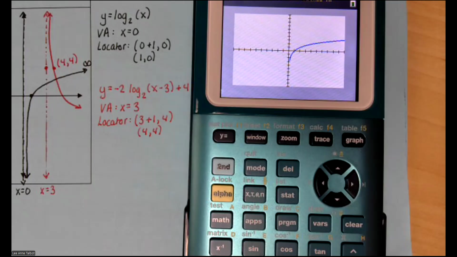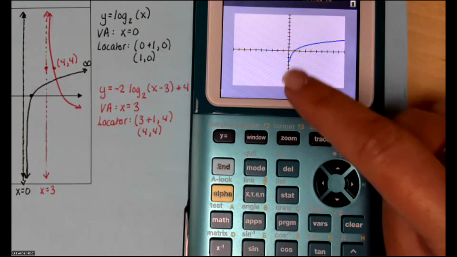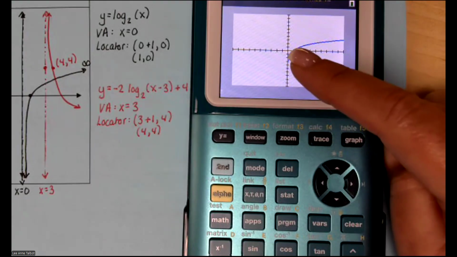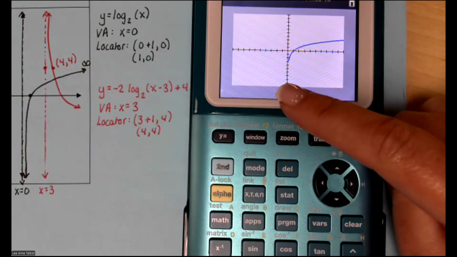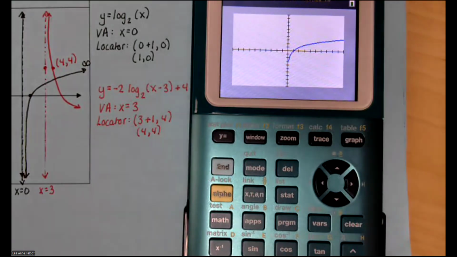So you have to know that it goes forever down, even though the calculator is not doing it for you. So big note to self, it does not stop there. That is not an endpoint. It's just your calculator is unable to plug in these x's. It's being a toddler. It's not plugging the x's in for you. So you have to know there's an asymptote there.